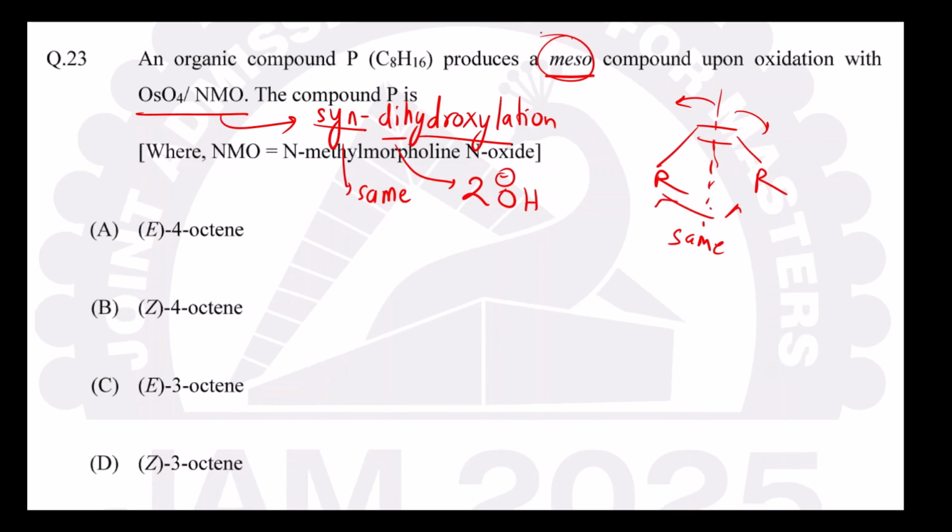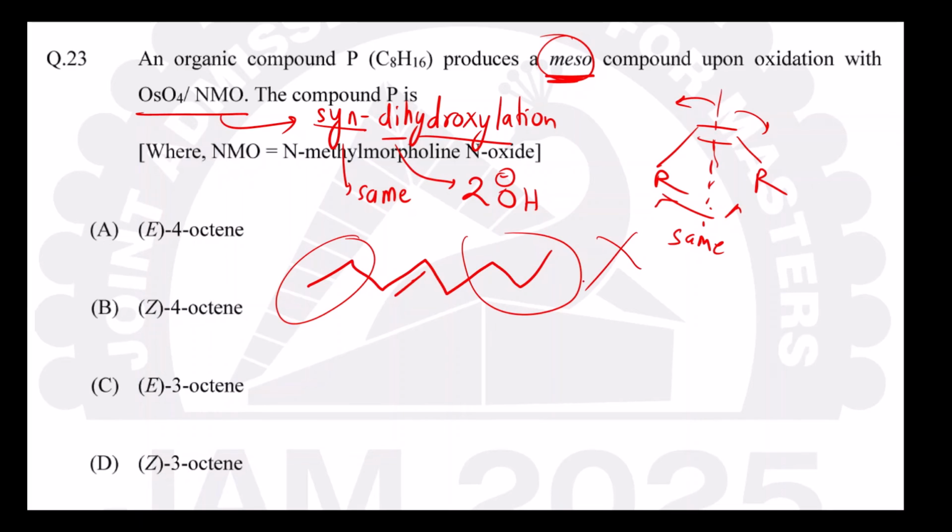So in which case, first we have to see if a meso compound is possible. Octene: 1, 2, 3, 4, 5, 6, 7, 8. And 3-octene and 4-octene. Let us see 3-octene. Here there is an ethyl group, and here there is a propyl group. So this cannot form a meso compound. 1, 2, 3, 4, 5, 6, 7, 8. 1, 2, 3, 4, fourth position double bond.